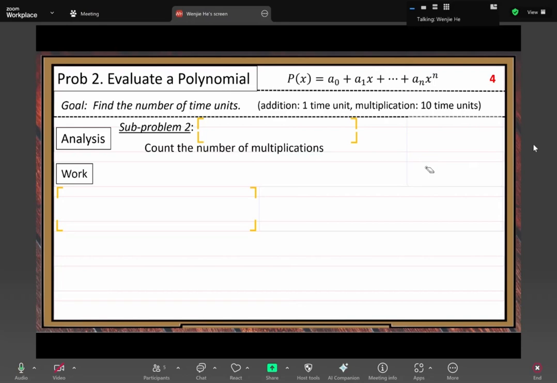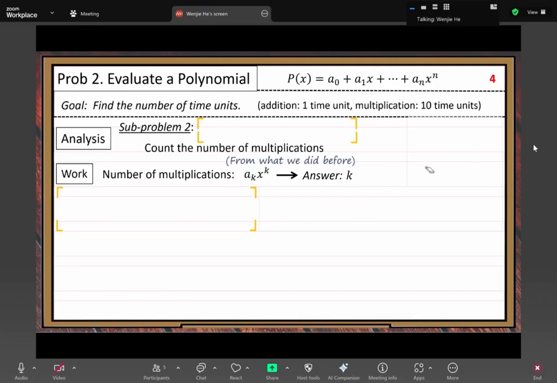Last time, remember, we did the counting for a general term, a_k times x to the kth power. We have that partial result, so let's use it and complete the remaining counting work.